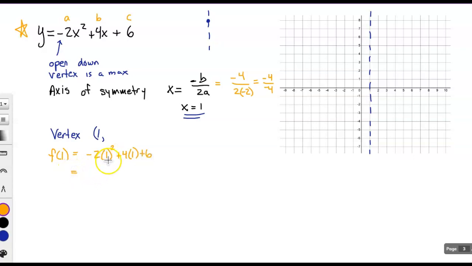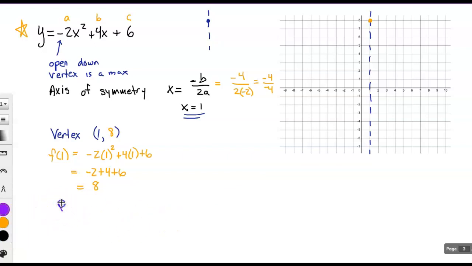That's 1 squared is 1, times negative 2 is negative 2, plus 4 plus 6. So 2 plus 6, which is 8. So your vertex is 1, 8. We would go over to our graph on our axis of symmetry and then go up to 8, and that's our vertex.